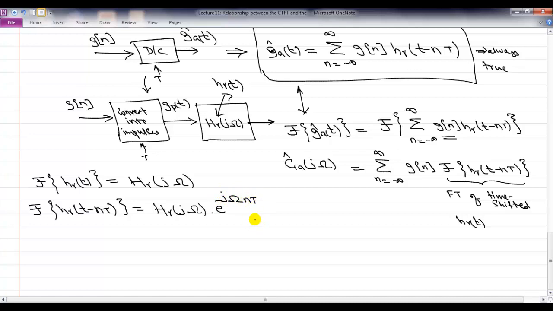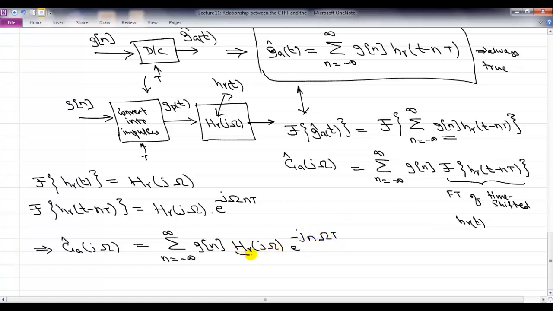Just a phase term is added. So I just plug that in. This means I get G hat A of j omega equals the summation n from minus infinity to infinity of G of n HR of j omega e to the minus j n omega T.